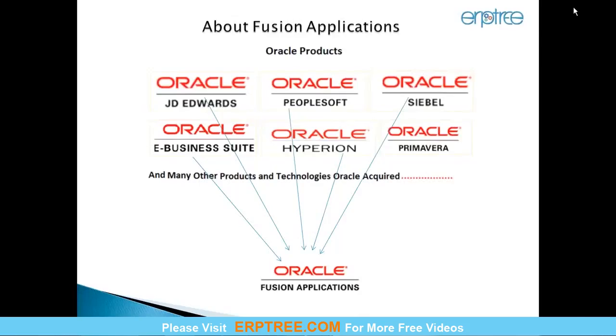I have seen that interface, Lakshman. The simple point is that as a part of Fusion applications for the HCM solution, Oracle is using PeopleSoft only. The PeopleSoft solution only they are using.